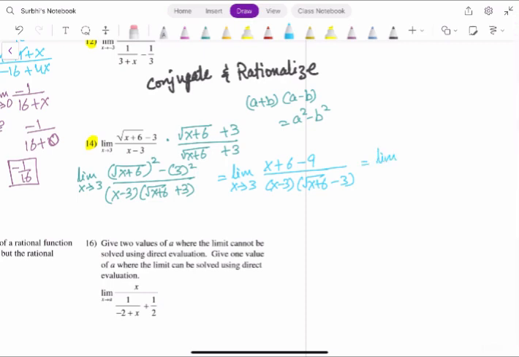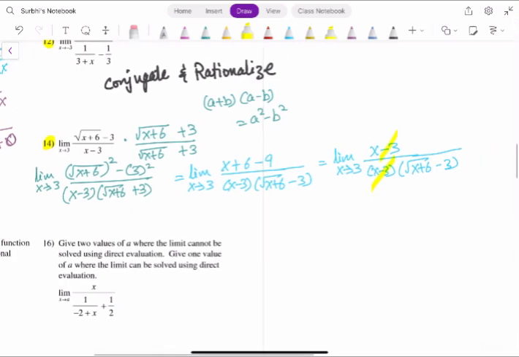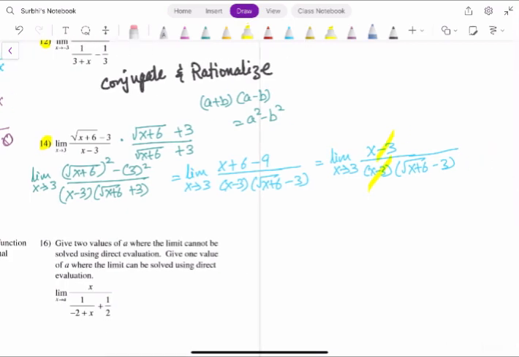Let's write it again. So limit x approaches 3. Now we have x minus 3 in the numerator, and you can see you can cross it off from the denominator. So unless and until you are able to factorize everything, don't get into the temptation of solving the denominator, right? Keep on writing the denominator as it is.